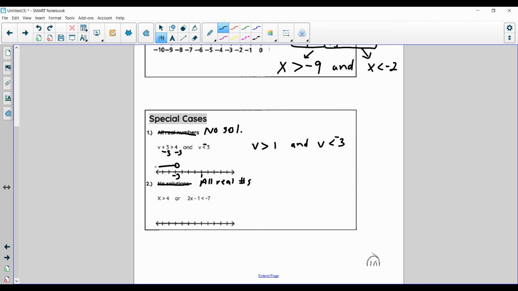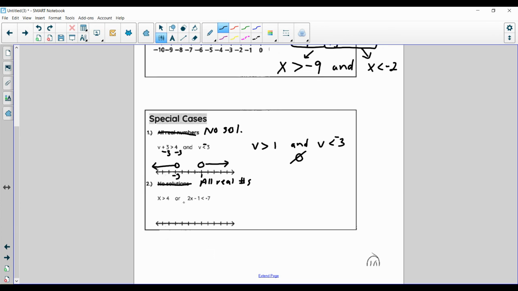How can I be a number that's smaller than negative 3 and also bigger than 1? This graph, if you notice, kind of looks like an OR graph. So if you have an AND inequality that looks like an OR, that is no solutions because it's physically impossible to be smaller than negative 3 and bigger than 1.